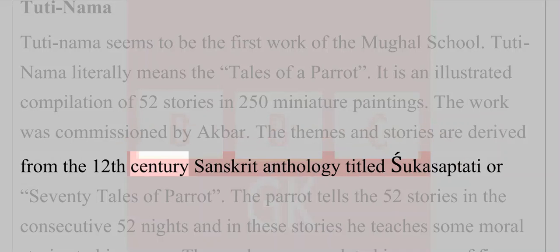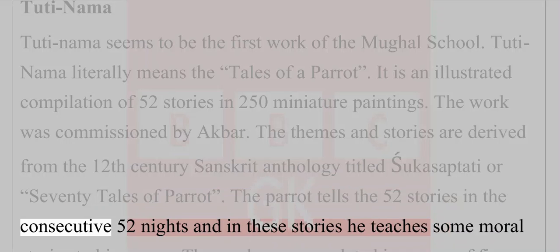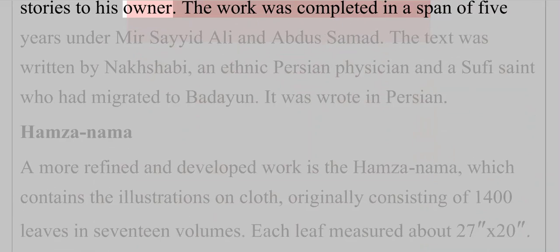The themes and stories are derived from the 12th century Sanskrit anthology titled Sukha Saptati or 70 Tales of a Parrot. The parrot tells the 52 stories in 52 consecutive nights, and in these stories he teaches some morals to his owner.